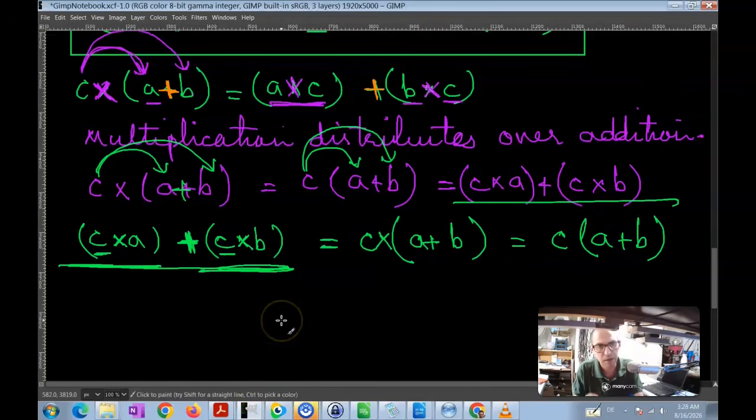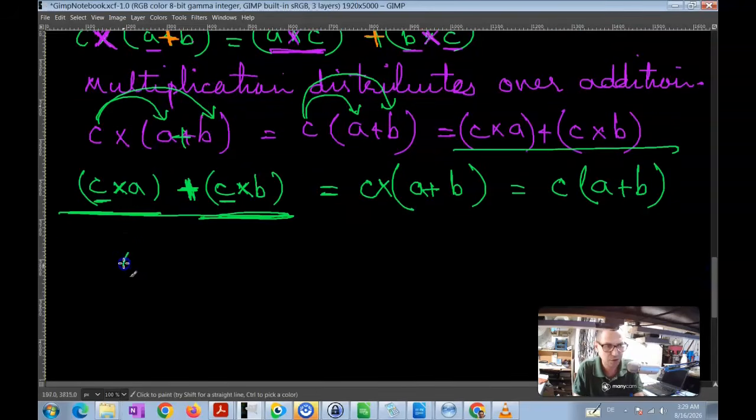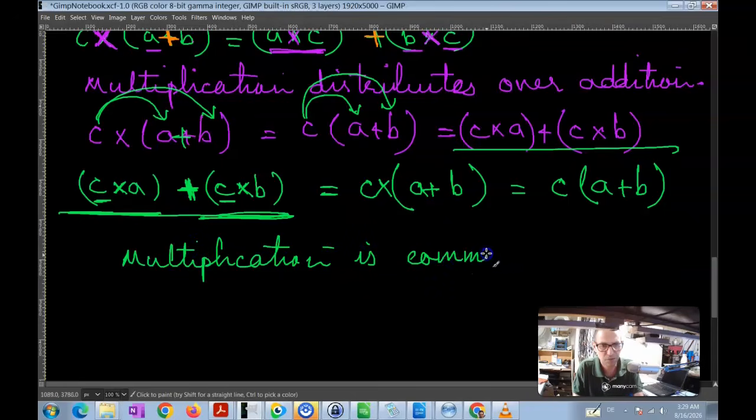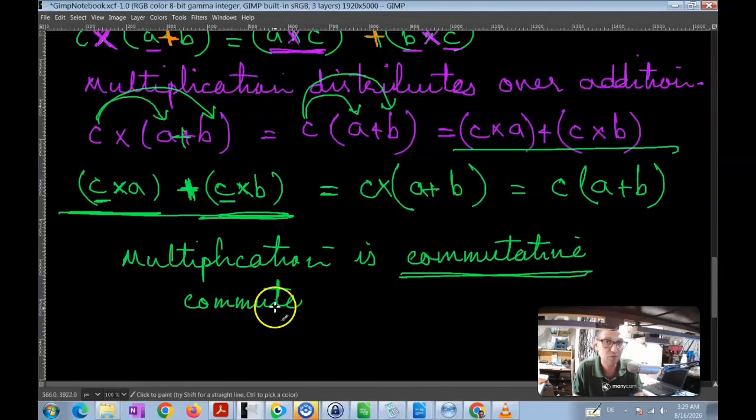Okay, and again, one more thing that we learned over here is that multiplication is commutative. Commutative means that the factors in a multiplication operation can commute.